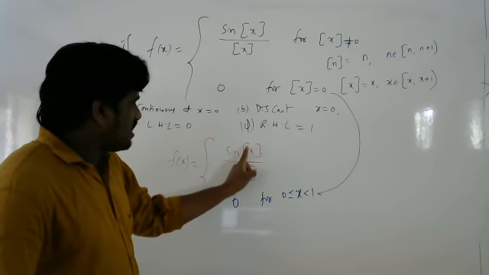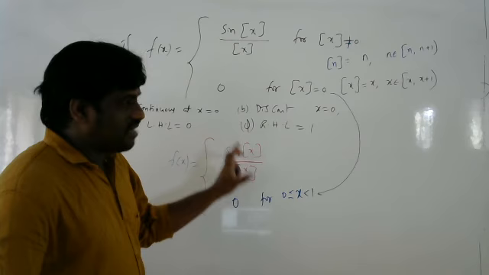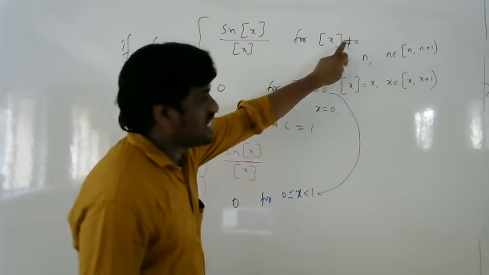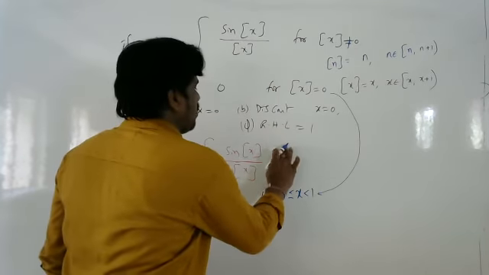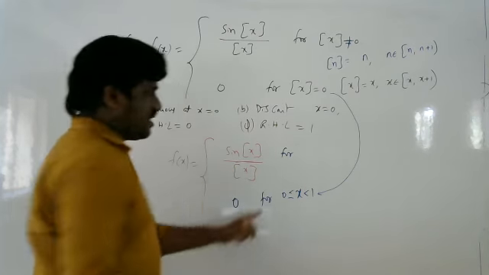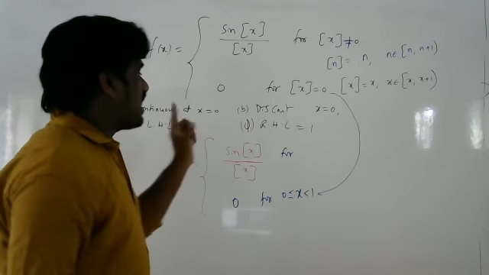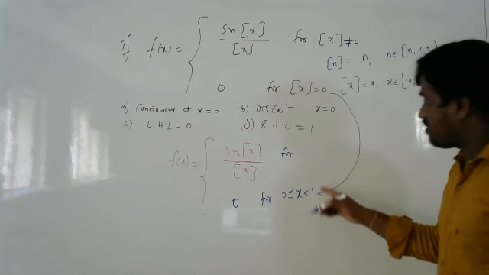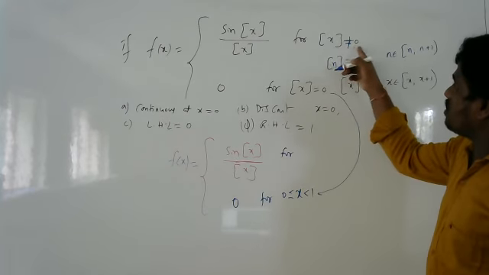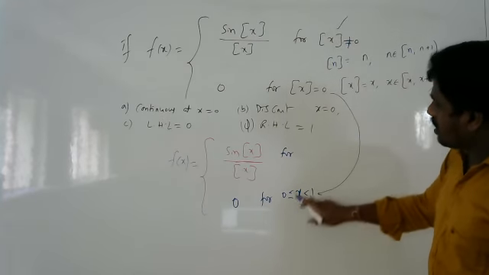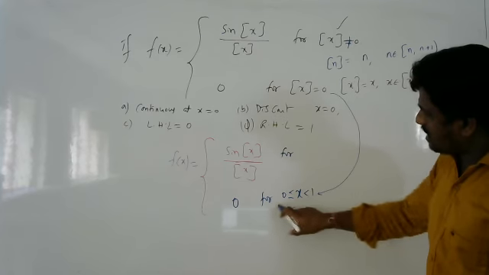And sin of greatest integer of x is whatever is there, given that greatest integer x is not equal to 0. What will its domain be? Minus infinity to... this happens except when not equal to 0. It means real numbers minus this.